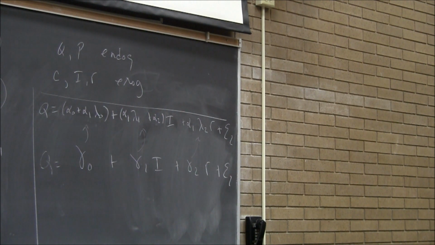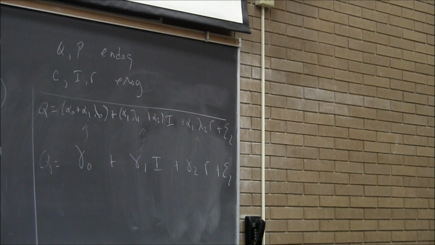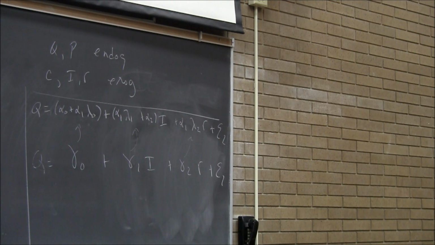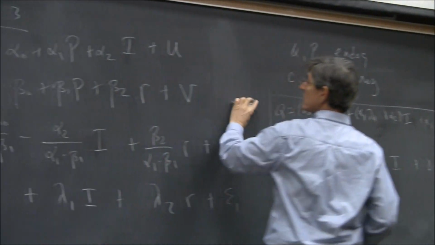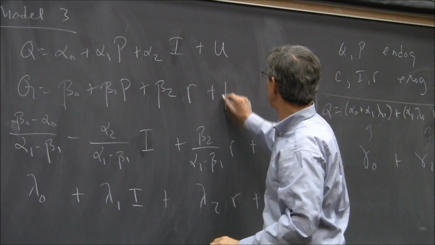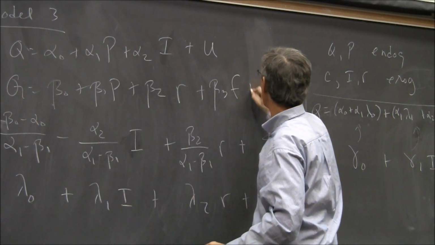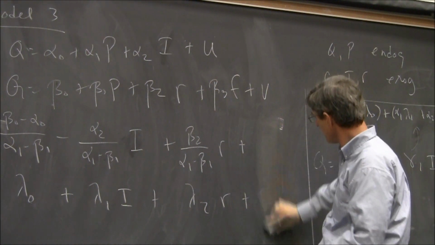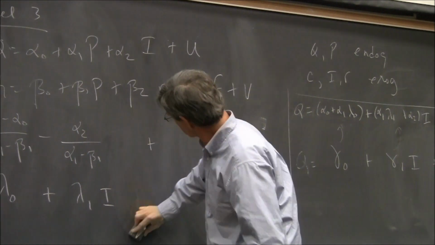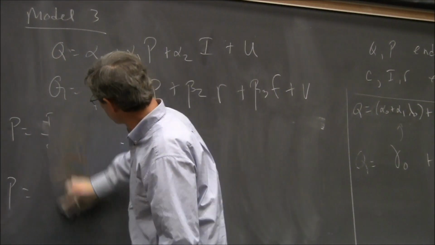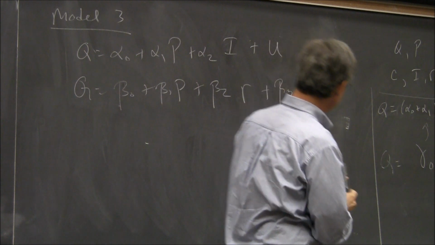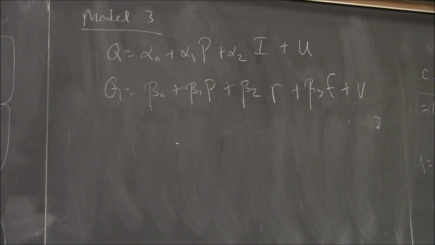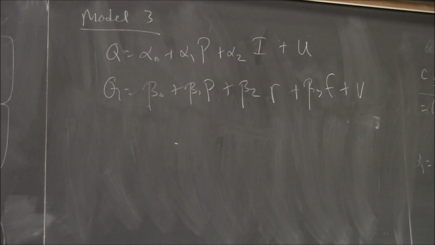Now let's do a final model, and again, I'm not going to go through all this. I'm just going to jump right to the bottom line, where we add an extra variable to here. I'm going to add plus beta 3 times fertilizer plus V. Some of you probably think there's enough fertilizer in these problems already.